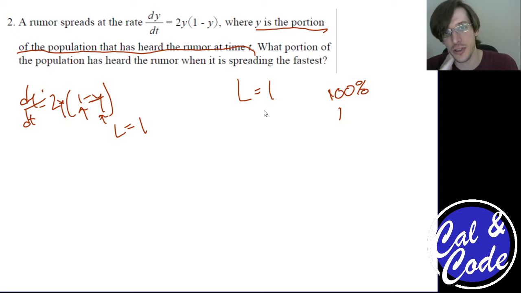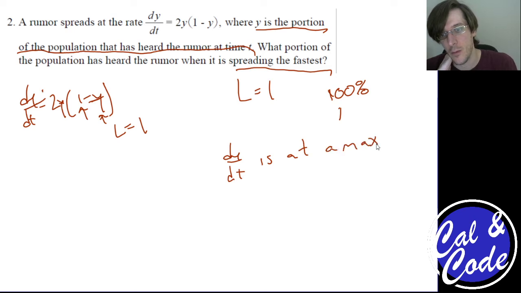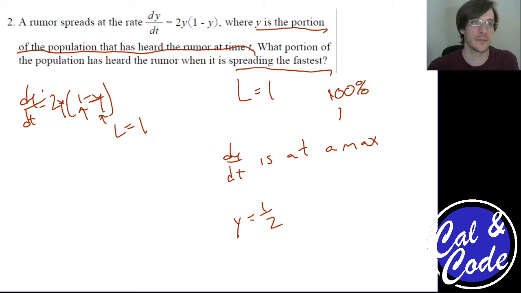So what portion of the population has heard it when it's spreading the fastest? That's when dy/dt is at its max. And we talked about how we know that things are spreading the fastest when we're at half of our carrying capacity. That's going to be when y is equal to 1/2.